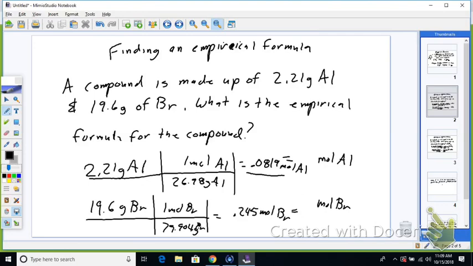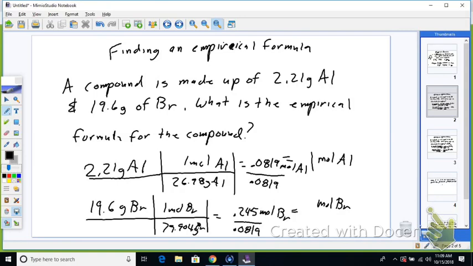You divide by the smallest number of moles in any of your calculated values. Here we have two calculated values, aluminum and bromine, so I'm going to divide both of them by the smallest number of moles, because that gives me a ratio that can give me some whole numbers, I'm hoping. This one definitely has a mole number of 1, because anytime you divide a number by itself, you get 1.